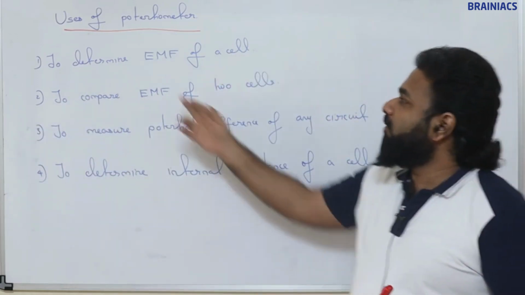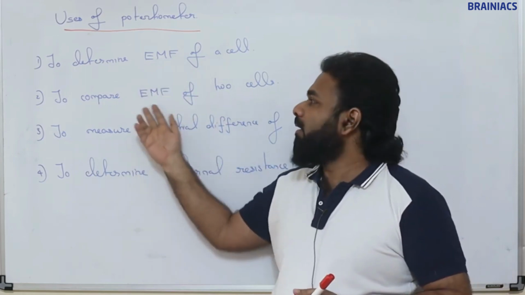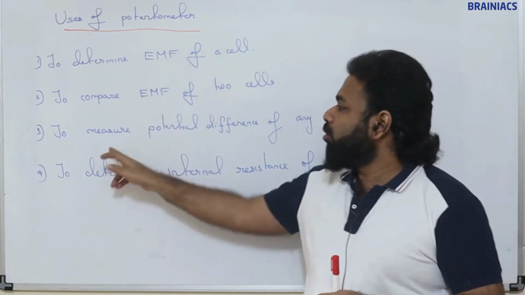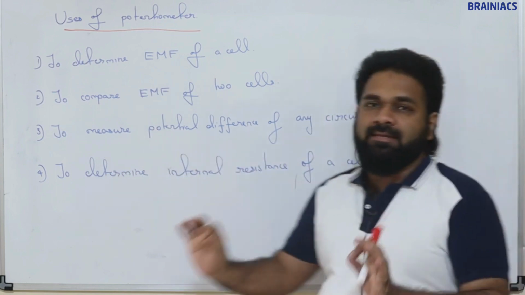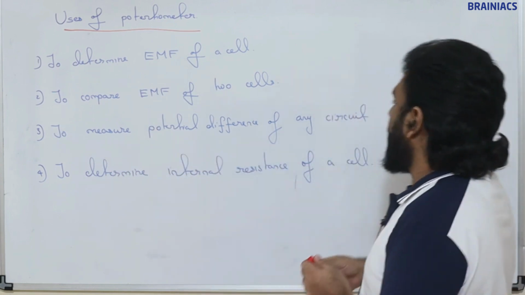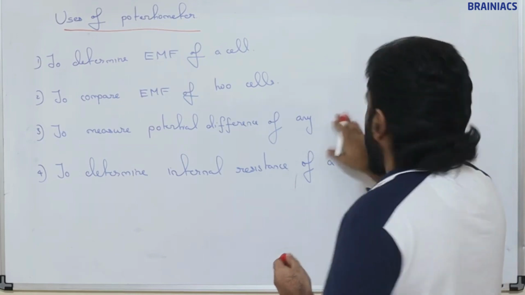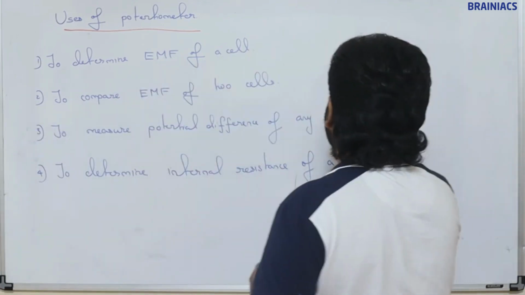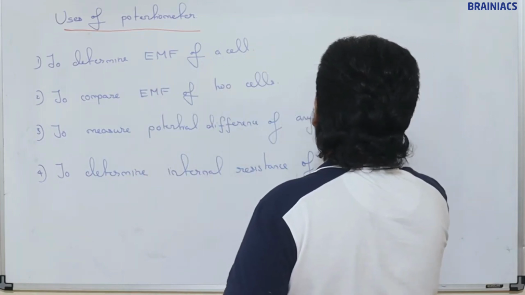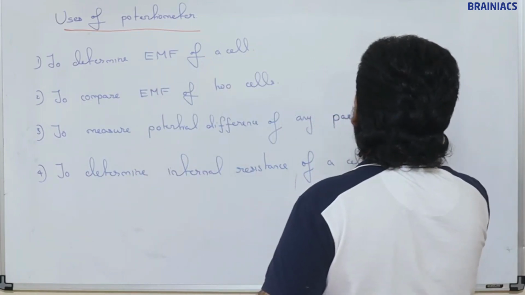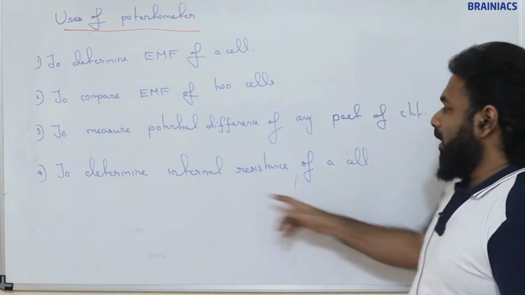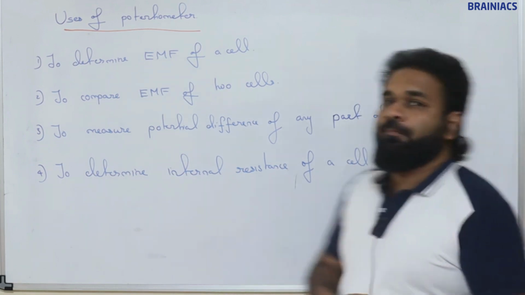So obviously, if we can find the EMF of a cell, we can compare the EMF of 2 cells. Then, to measure the potential difference of any part of the circuit. Then to determine the internal resistance of a cell.